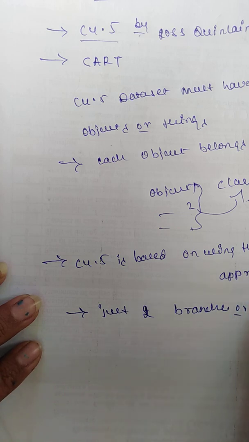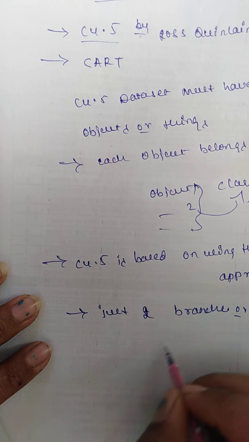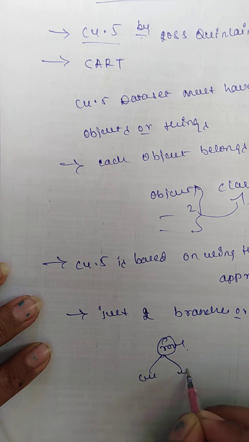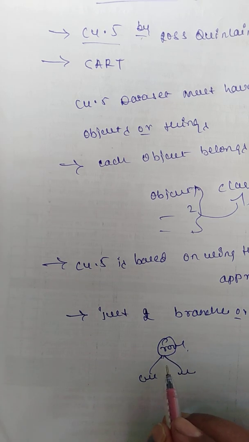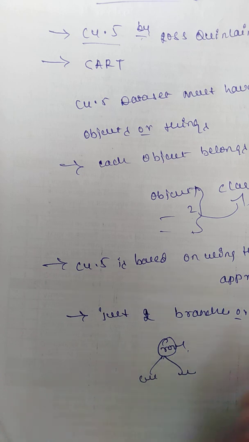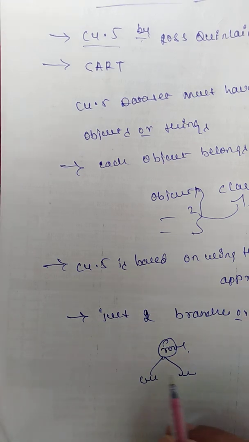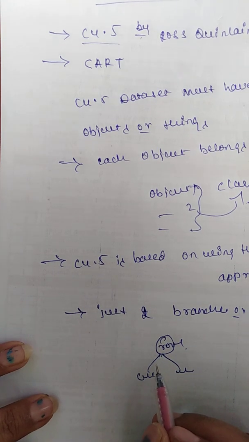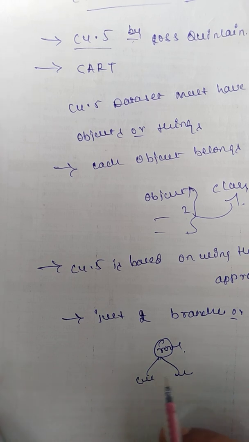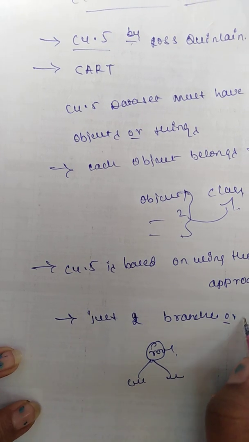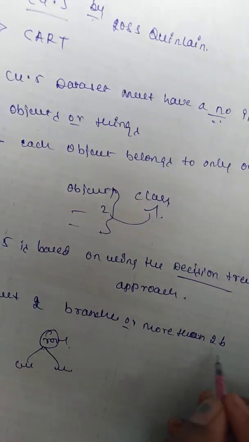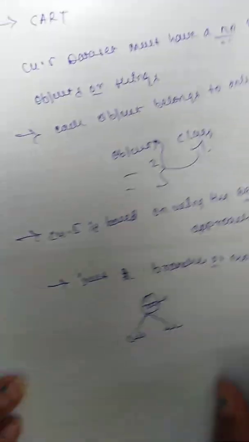With a decision tree we have at least two branches, a root and leaves. Two or more leaves means branches. So we can use two branches or more than two branches.